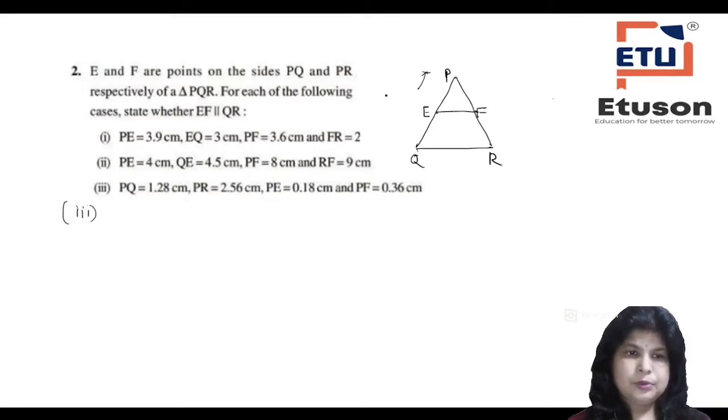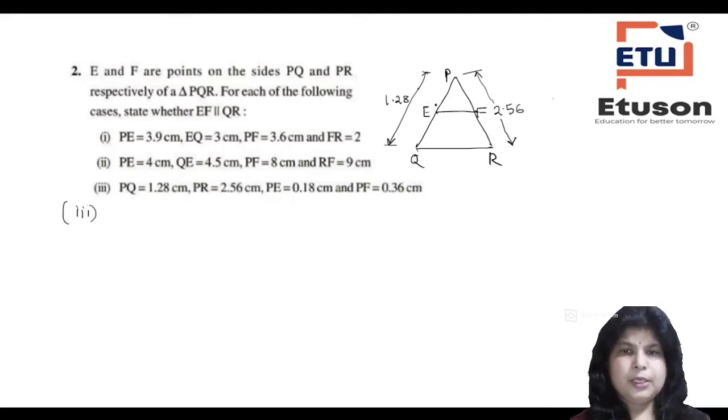PQ is equal to 1.8, and this side PR is equal to 2.56, right? And your PE is 0.18 and PF is equal to 0.36.